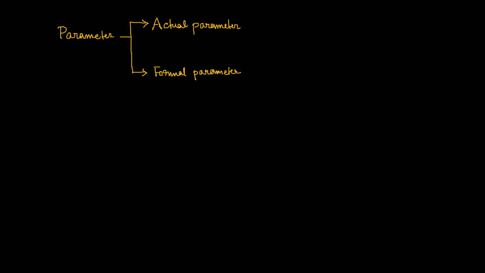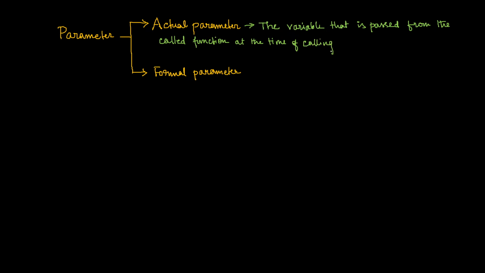We can say that the variable that is passed from the calling function at the time of calling the child function is called actual parameter.